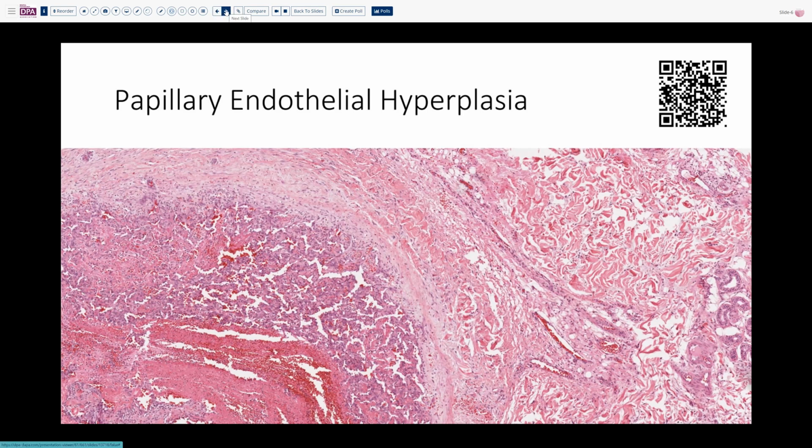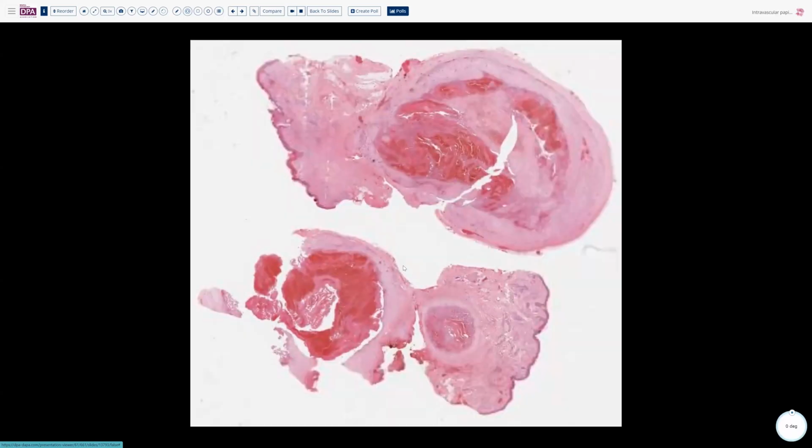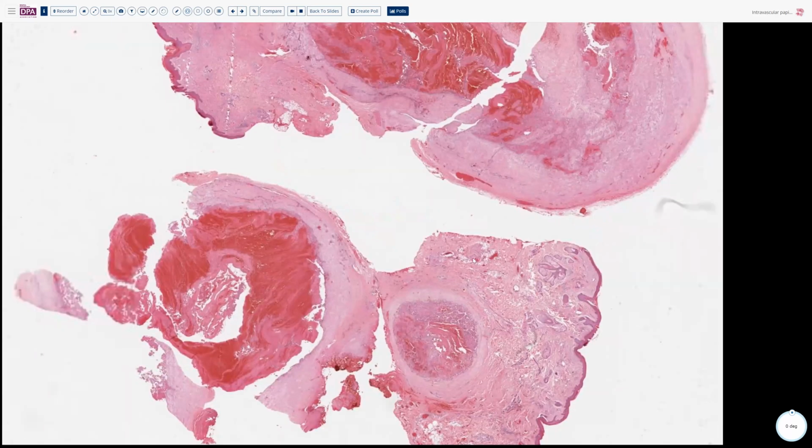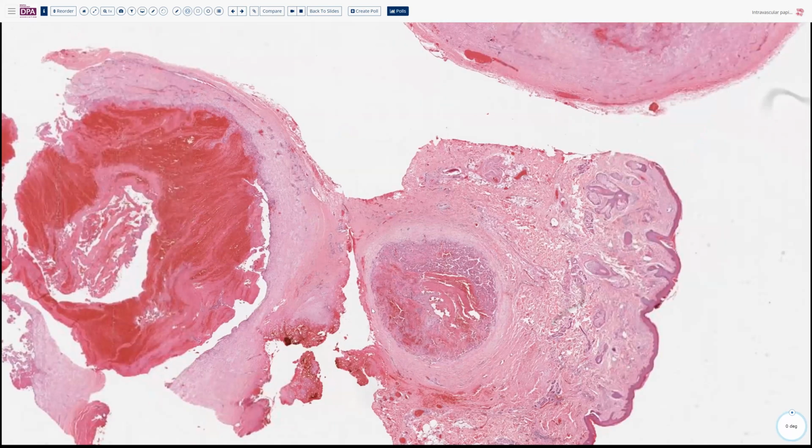Now, the QR code, as I indicate, will link to the digital slides that we're using here. But I do want you to take a look at some of these. So this is the lesion that we used as our target entity, which, as you can see, has a very large dilated vessel and a thrombus here.